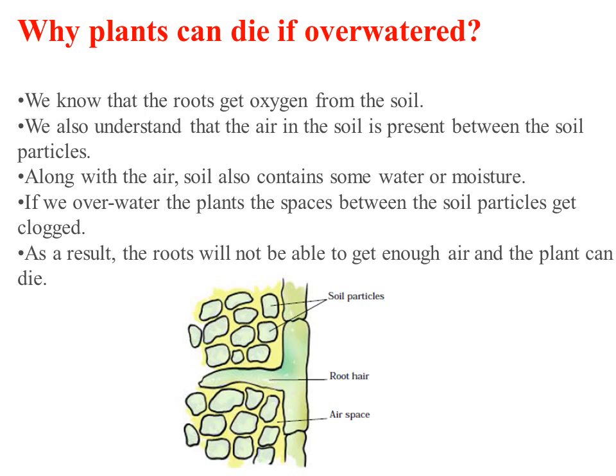But if we overwater the plant, then the space between the soil particles gets blocked. As a result, the root will not be able to get enough air and the plant can die. So this is the main reason why plants can die if overwatered.